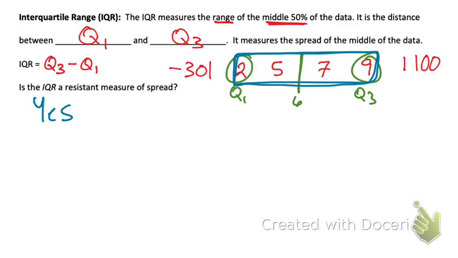None of that's going to affect the IQR. Also, what is the IQR based on? It's based on medians. Is the median resistant? Yes. So guess what? IQR is also very resistant. We like IQR. Cool?